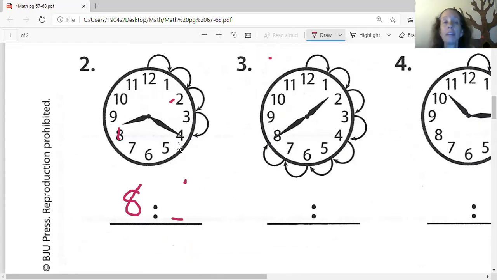It should not, because it's not 4 minutes after 8, is it? It is supposed to be 20. You count in increments of 5. You've got 5, count with me, 10, 15, 20. So the time is 8:20. Okay? Write that down for me.